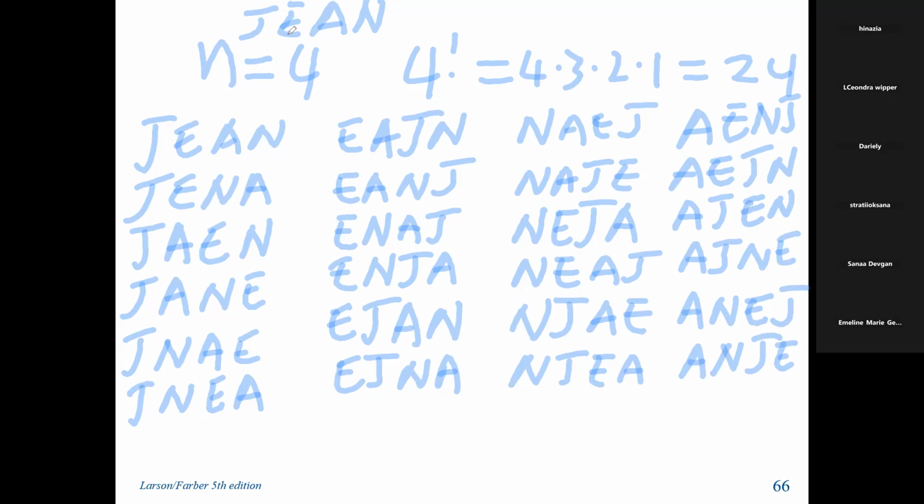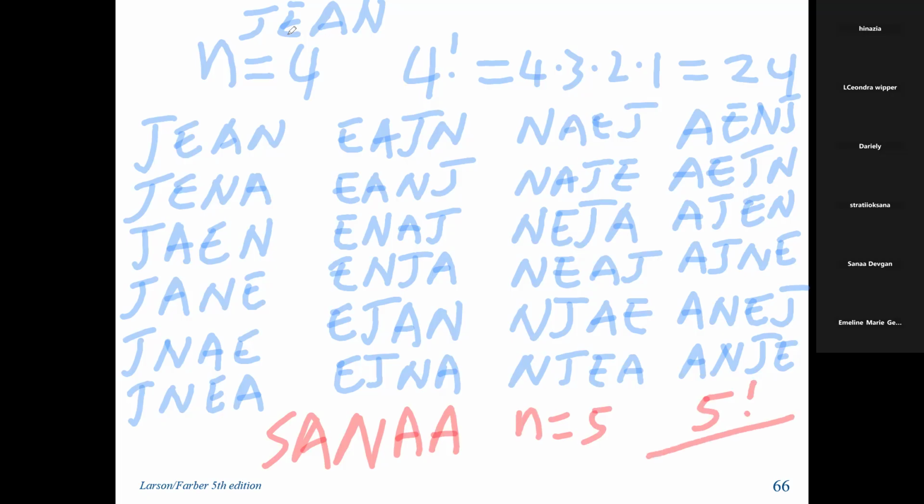Okay. Now, let me see here. If I take the name of Sanaa, see here. Sanaa is S-A-N-A-A. So here, that's n equals 5. So that will be just 5 factorial over 3 factorial.